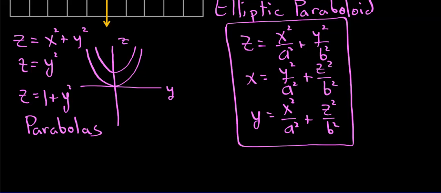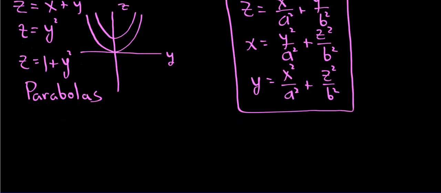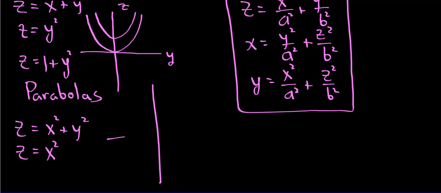Now, think about this. Let's look at it again. Let's suppose we've got z equals x squared plus y squared, and now let's let y be 0. Now what plane are we dealing with? Well, we have the x and the z plane, and now we have something that looks like this. Now, if we let y be 1, we've got z equals x squared plus 1.